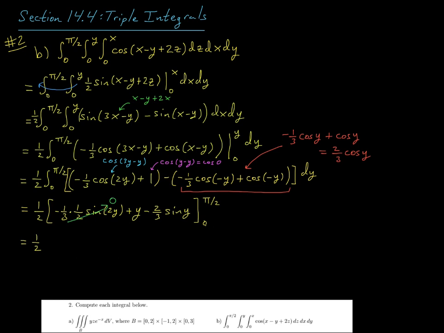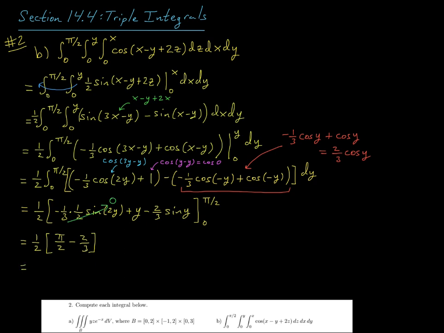I'm going to get a pi over 2 there and a 0 there, so I get a pi over 2 from the y term. And then here I'm going to get minus 2/3 times the sine of pi over 2, and the sine of pi over 2 is 1, so I'll get minus 2/3. And then when I plug 0 in, sine of 0 is 0. So I am done.